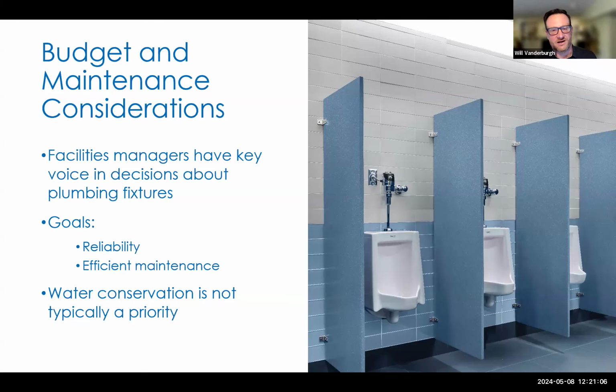They may not realize that some of the new products out there are able to improve both reliability and efficient maintenance. So that's really a conversation you need to have with the facility management group when they're so married to past historic ways of doing things, and not realizing that new technology can make both of those goals much more readily attainable.